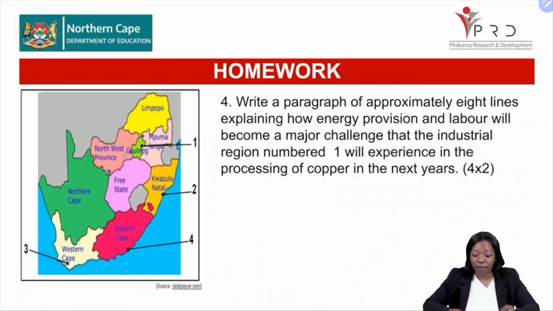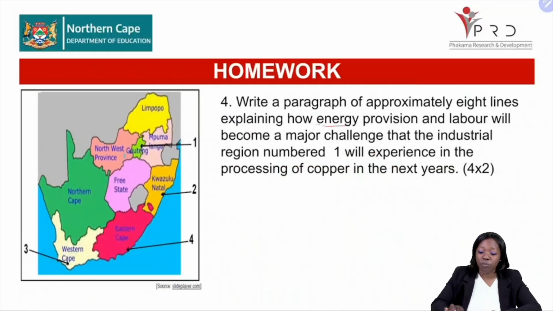Then your number 4, you're going to have it as homework. With your homework, you're still using the very same diagram. You write a paragraph of approximately 8 lines explaining how energy provision and labor will become a major challenge.